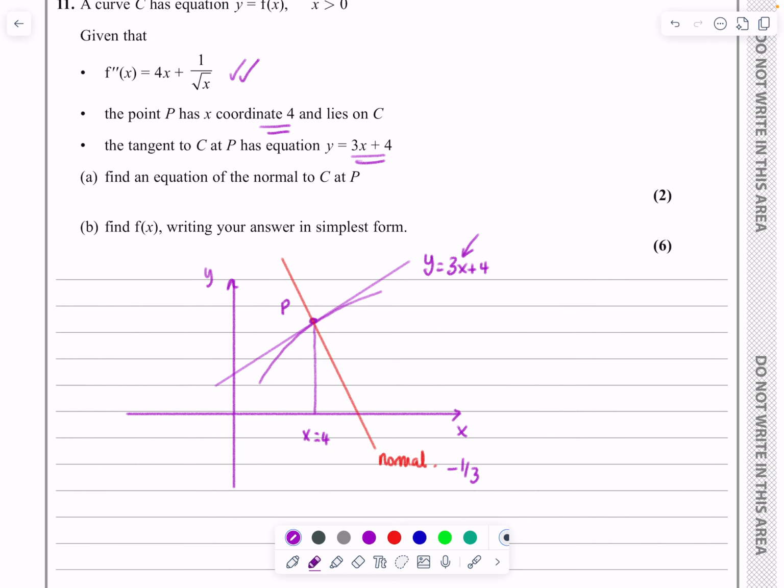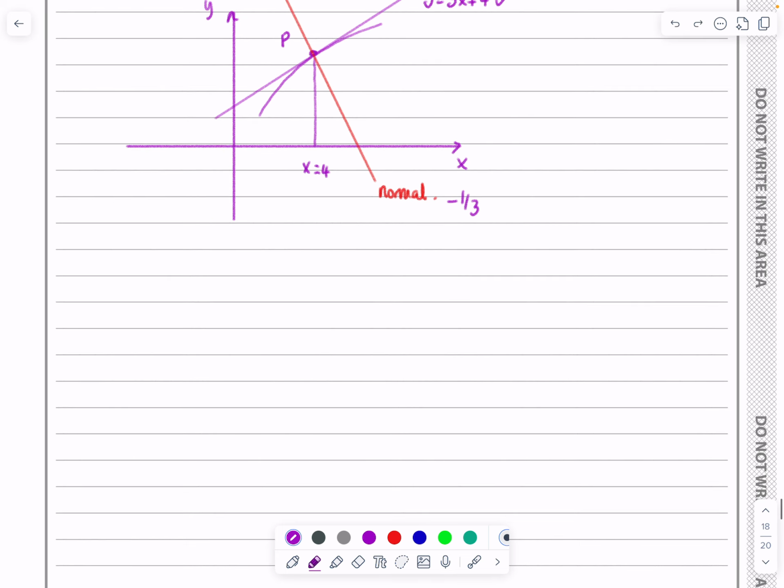Right, okay, all I need is a point P. And if I want to work out point P, this is where this sketch really helps. Point P, I know it's on the curve, but it's also on the line y equals 3x plus 4. So if it's on the line y equals 3x plus 4, and we know x is equal to 4, I've got everything I need now. All I need to do now is to explain all that to the examiner.